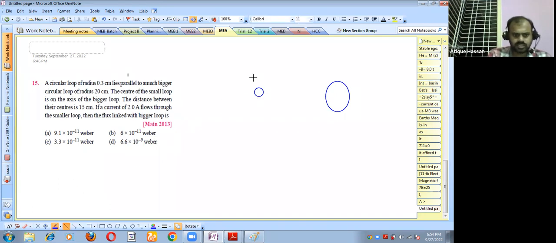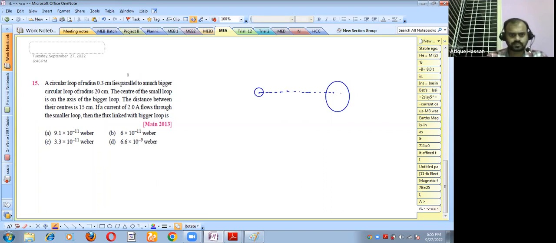And it says that their centers coincide, so the center of the smaller loop lies on the axis of the bigger loop.